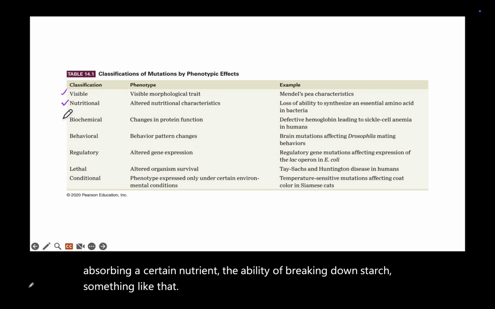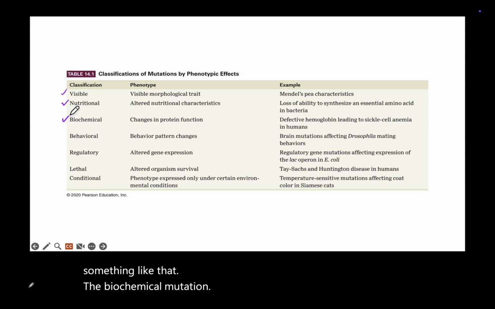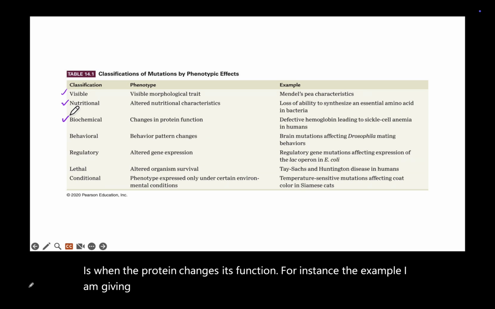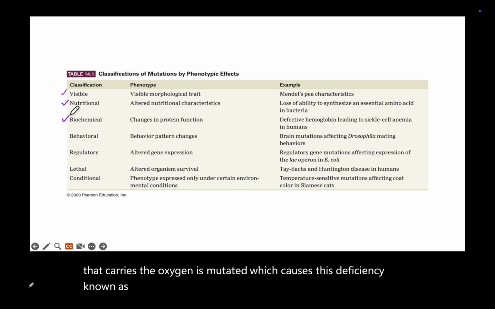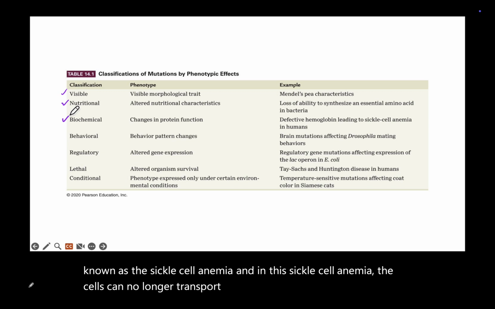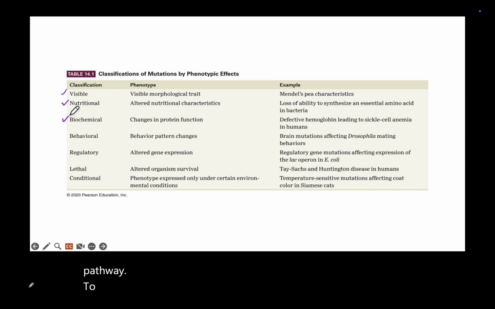The biochemical mutation is when the protein changes its function. For instance, the example I am giving you here is when the hemoglobin, which is the protein that carries the oxygen, is mutated, which causes this deficiency known as sickle cell anemia. And in this sickle cell anemia, the cells can no longer transport the oxygen. Therefore, the biochemical pathway related to the transport of the oxygen is no longer feasible.